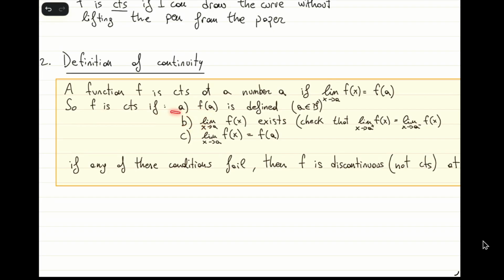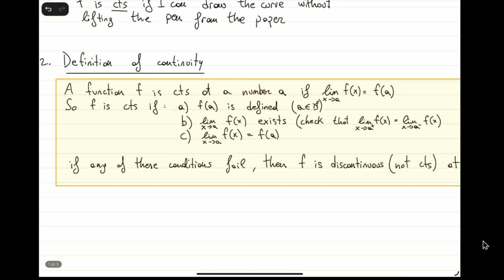We can say that point A must be true. And if A is true, then we must check for B to be true. And if we see that B is true, then we can check for C to be true. If we have a function and we check our domain and f of a is not even defined, so if a is not even in the domain, there's no point checking the limit. We're just done.